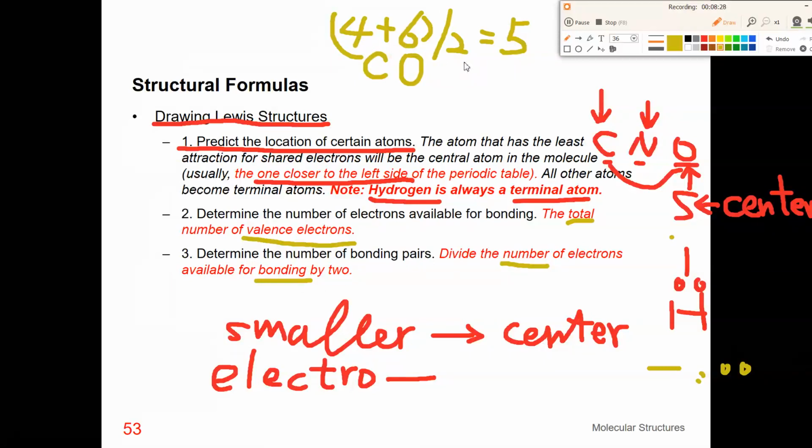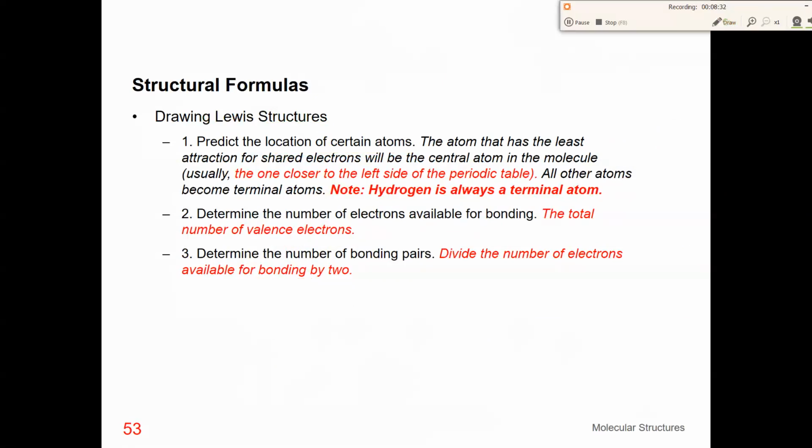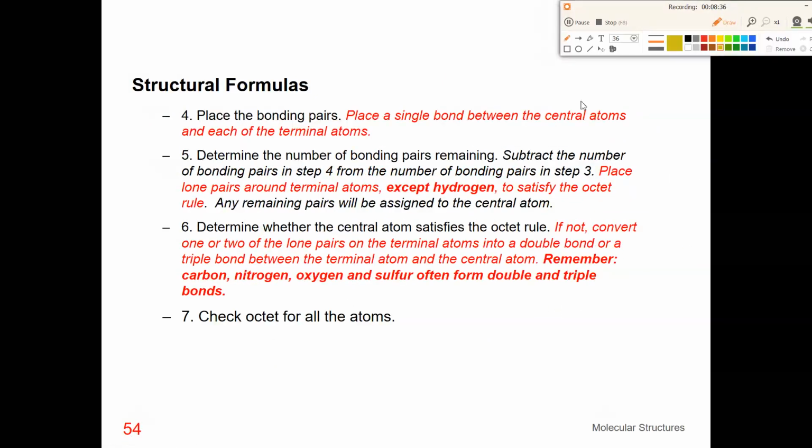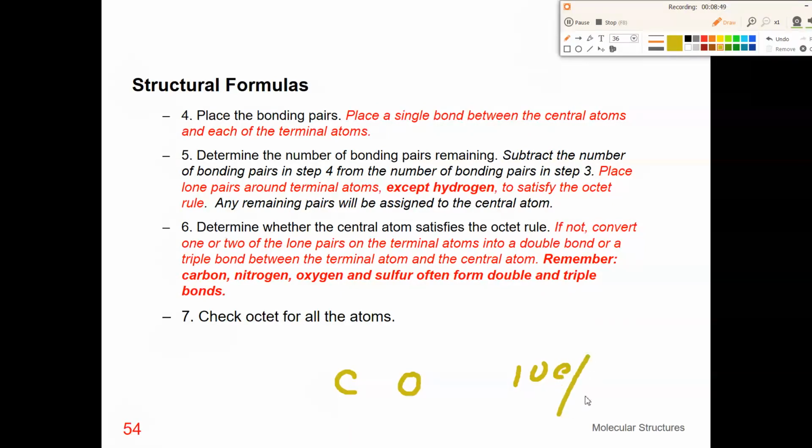So 10 electrons can form 5 bonds. For carbon monoxide, it's 10 electrons divided by 2, which is 5 bonds.